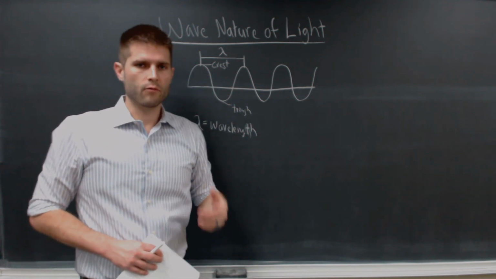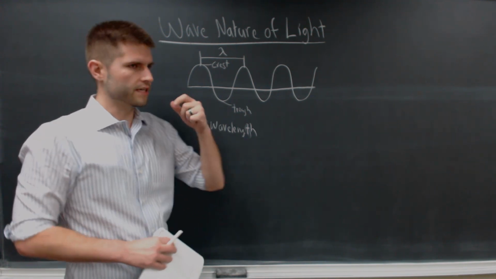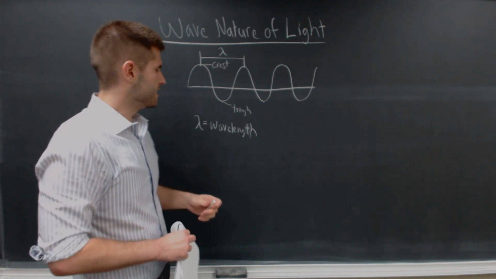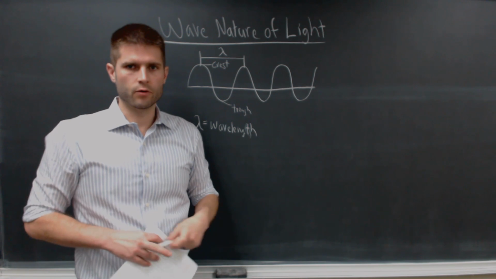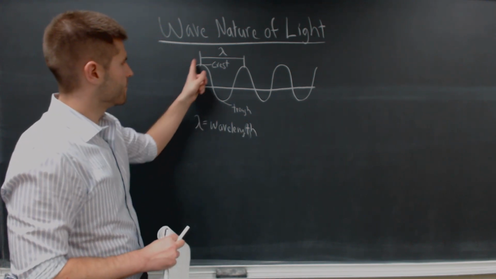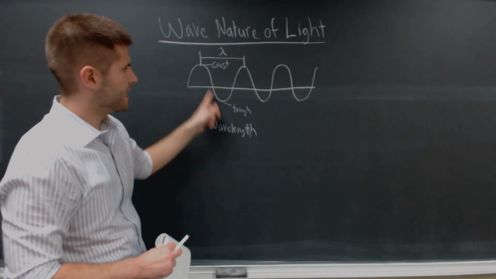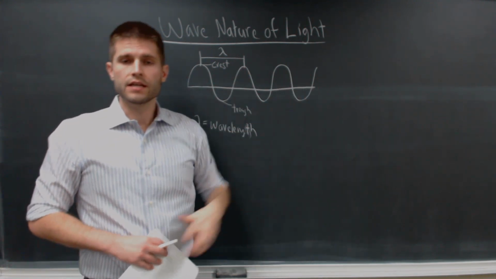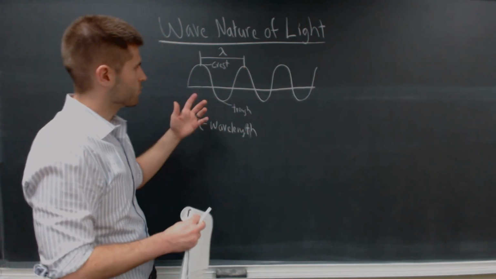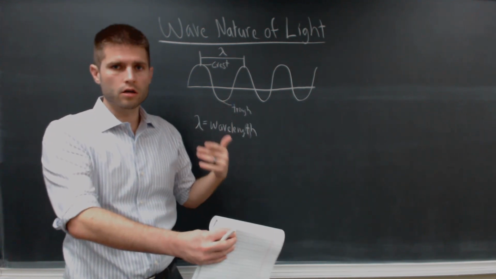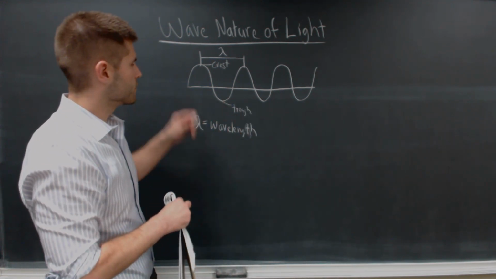Another thing that we can calculate for waves is the frequency of the wave. We have a given oscillation, a time that it takes this wave to oscillate. Certain waves will have a shorter or longer frequency.